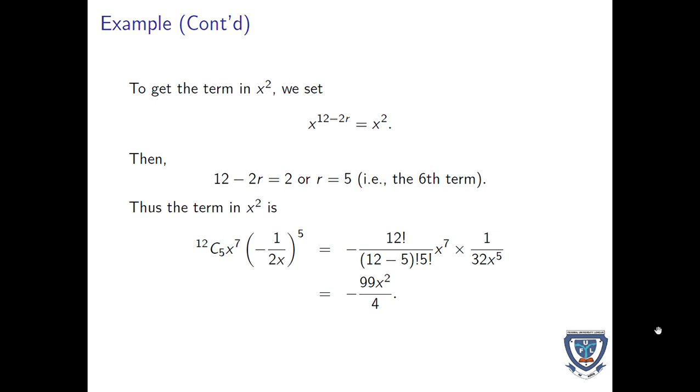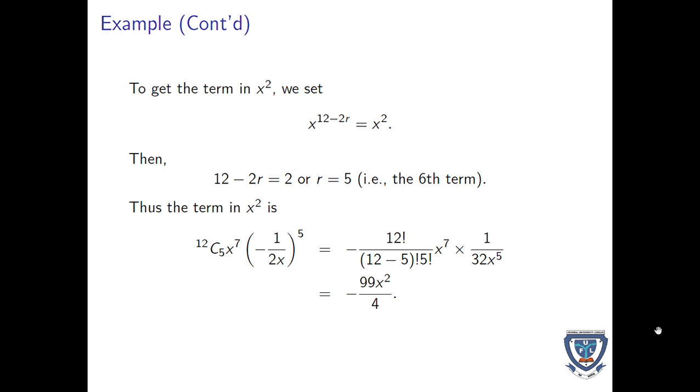Now, to get the term that has x squared, we set x raised to the power 12 minus 2r equal to x squared. Then 12 minus 2r will be equal to 2. Since, by using indices, the base x is on the left hand side and x is on the right hand side, the powers must be the same. And when you do that, r will now be 5.